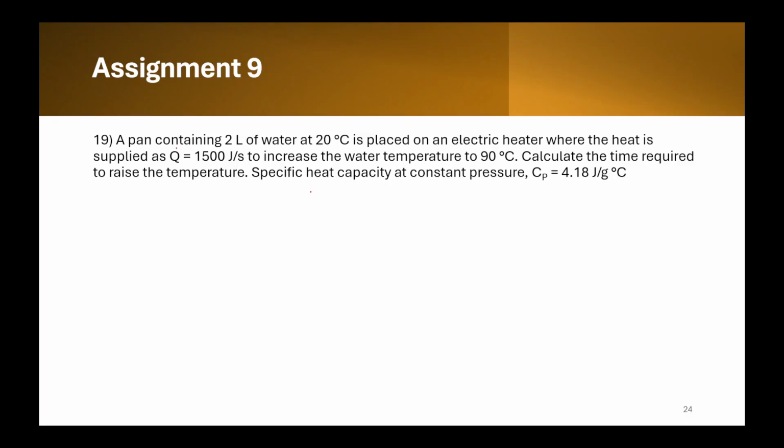So we'll write the energy balance equation again here. dU by dt is equal to Q, from the previous question. This will be the resolved energy balance equation. So from here we can write this as rho V Cv dT by dt is equal to Q dot, and Cp is equal to Cv for liquids and solids.